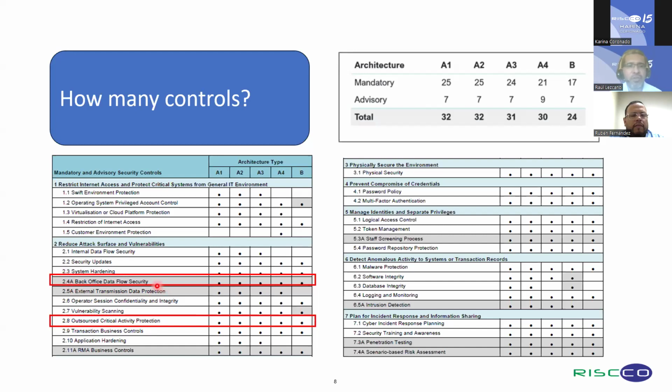They have not set any specific date at this moment, but they are announcing that it is going to become mandatory, and they are advancing to begin this year because they are expecting some complexities while enforcing these controls for the back office data security, data flow security.